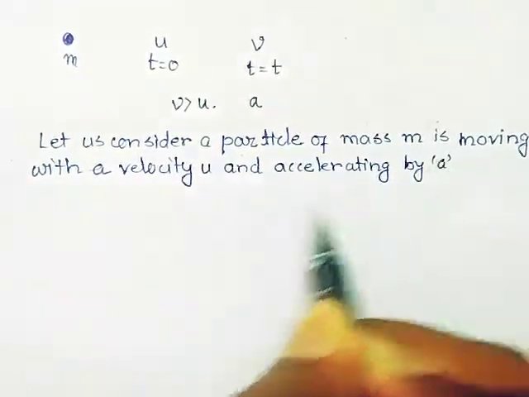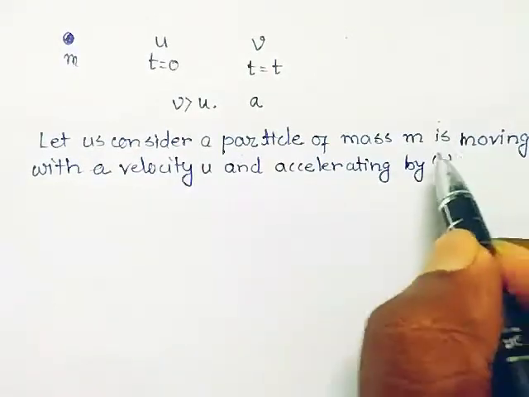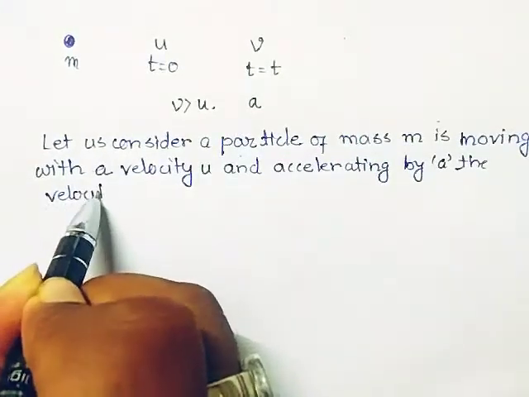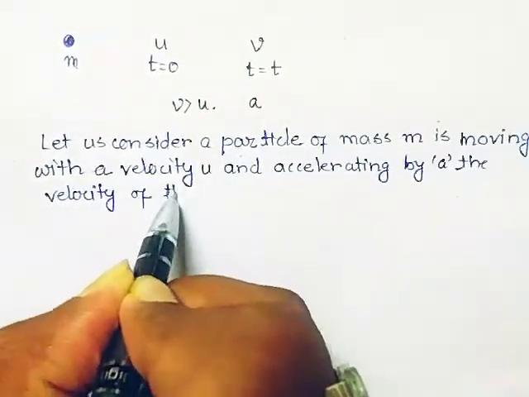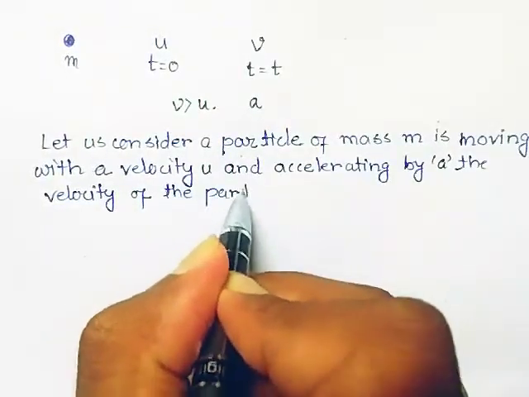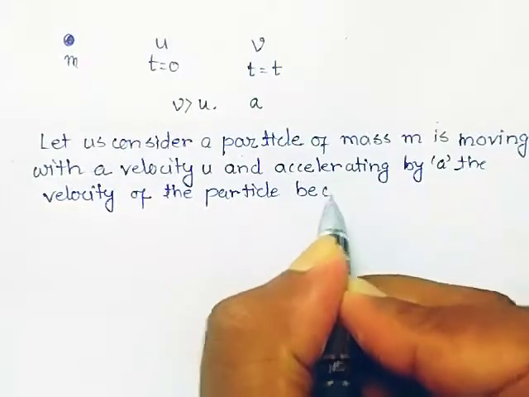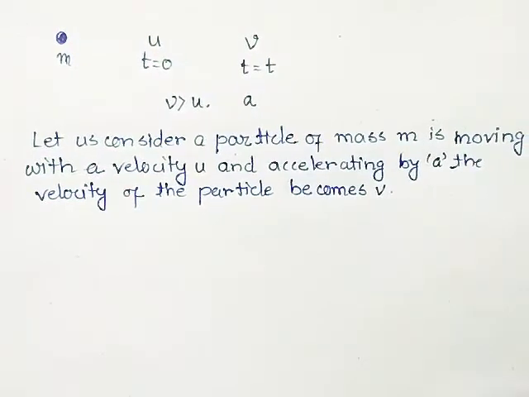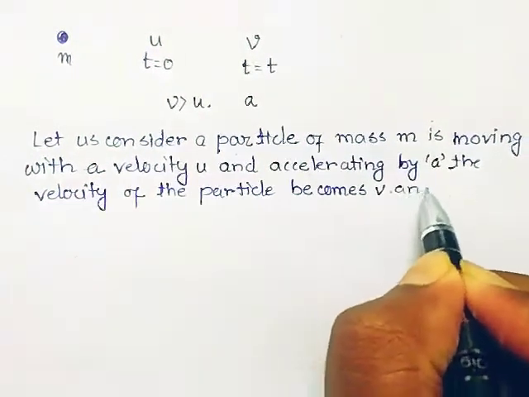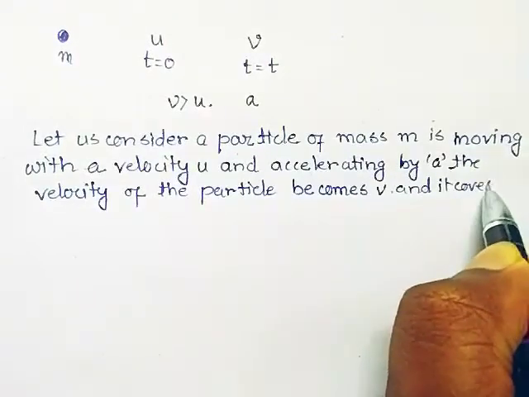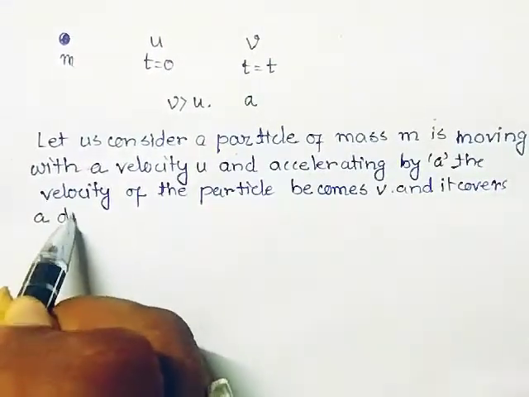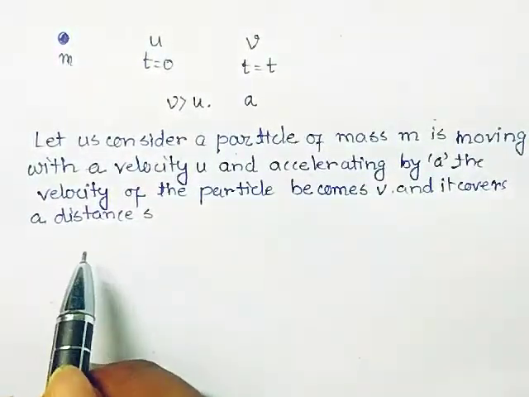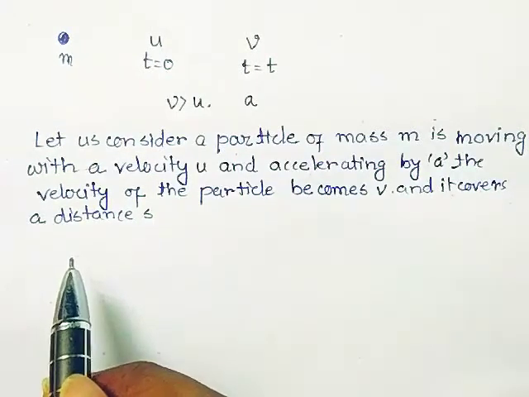Here the acceleration we have considered is constant for the time period. The velocity of the particle becomes small v, and it covers a distance s. It is distance or displacement, it does not matter because the particle is moving along a straight line.